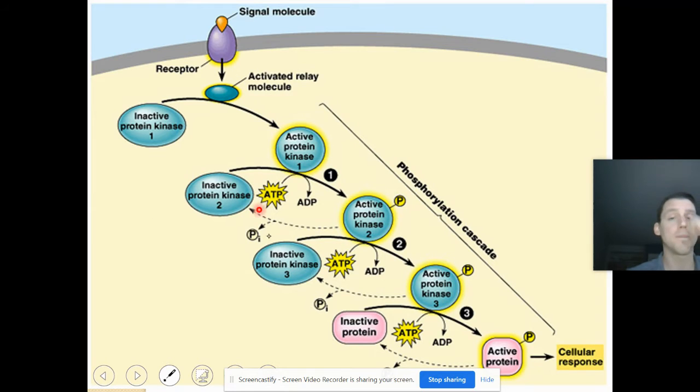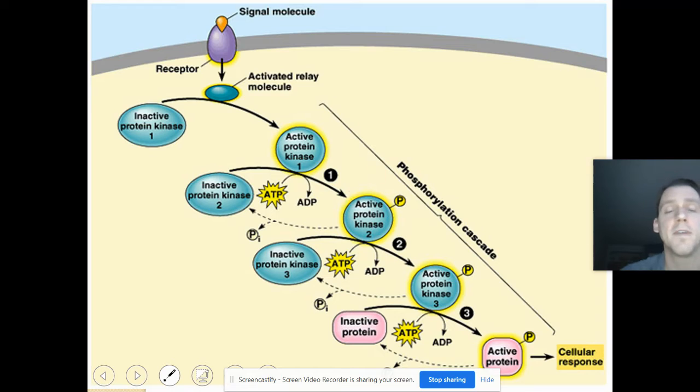Using ATP, the first kinase is going to phosphorylate the second kinase, activating it. That phosphate group right here is going to stay on this protein kinase 2, because that's what makes it active. And this then is going to use a phosphate from ATP to activate yet another protein kinase.